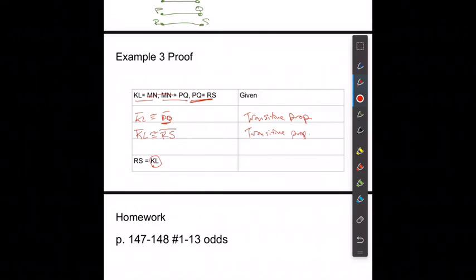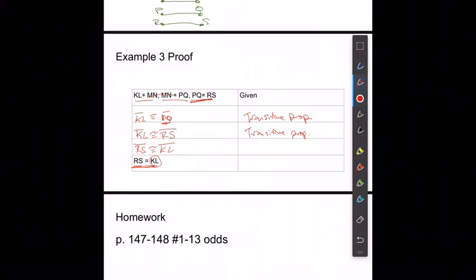Okay, now I'm trying to get the RS first because that's what I want to prove, right? So what I need to do is I need to flip the order of this thing. So to do that, okay, I can flip that order.